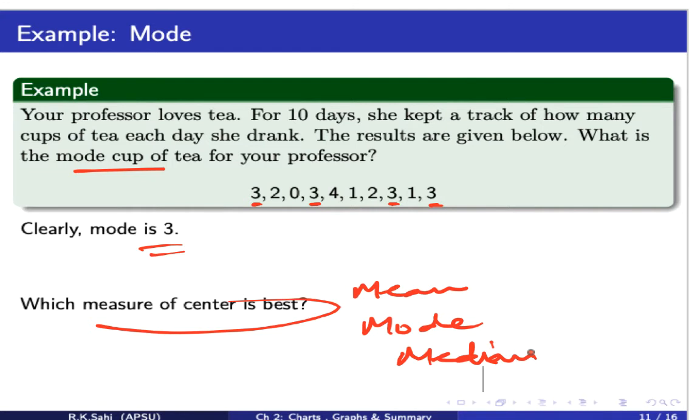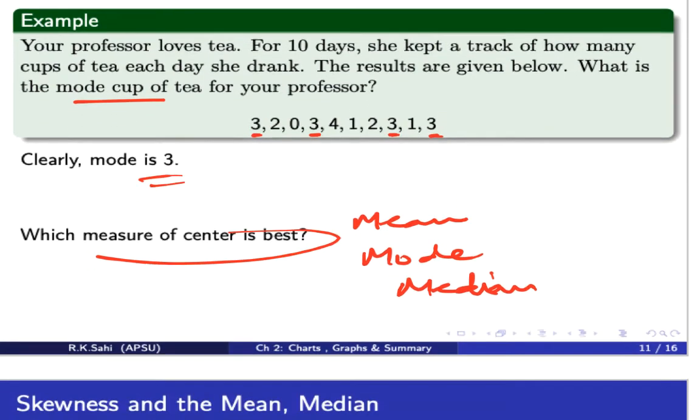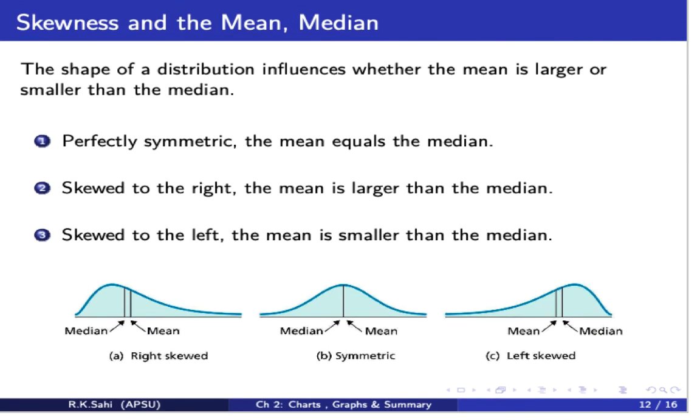Before we can make some kind of analysis on it, let's do a little bit more work. Let's see what the relationship is between mean and median, and which one is going to be best for us. That will help us decide which would be a good measure of center. Here it is. The shape of the distribution lets us know whether the mean is larger or smaller than the median.